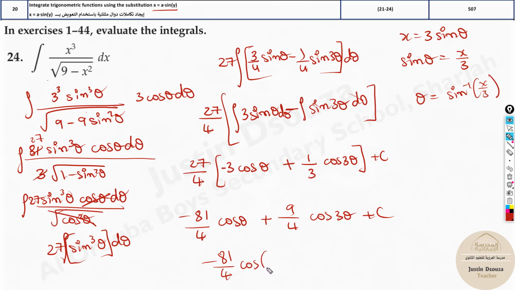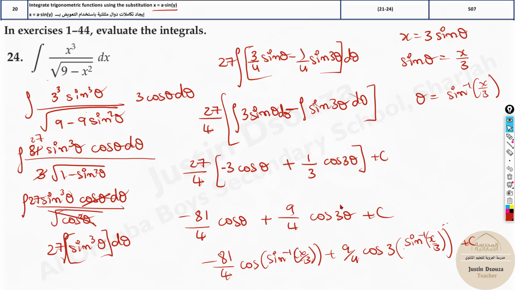Cos of sine inverse of x by 3 plus 9/4 cos 3 times sine inverse of x by 3 plus c. So this is the final answer.